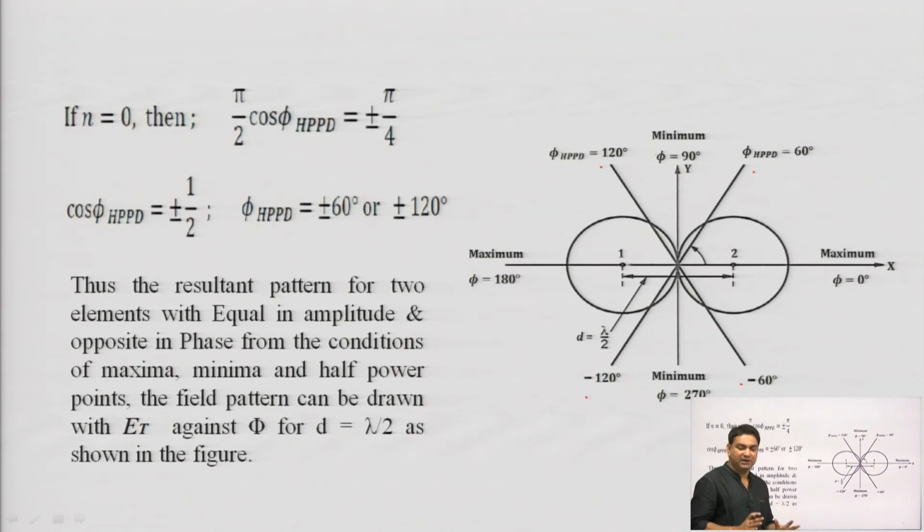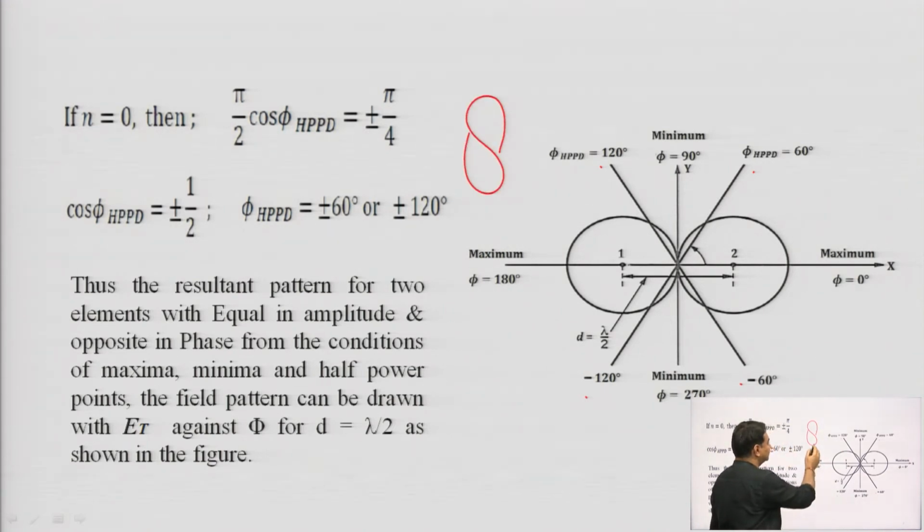So, finally, the result of the radiation pattern for broadside array and end fire array is given in this form. The radiation pattern of a broadside array case is the perpendicular form, meaning it is like this.